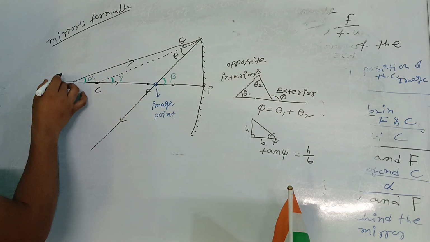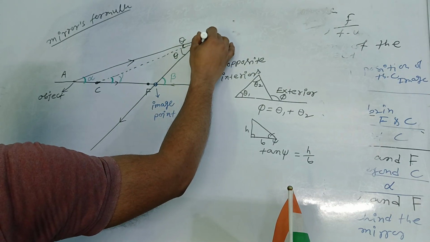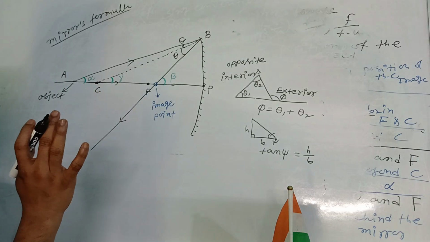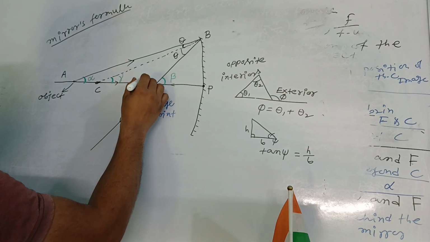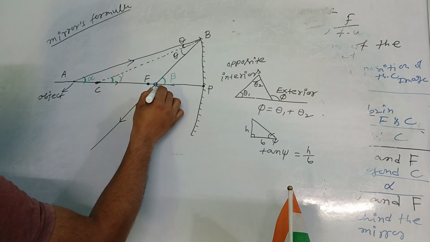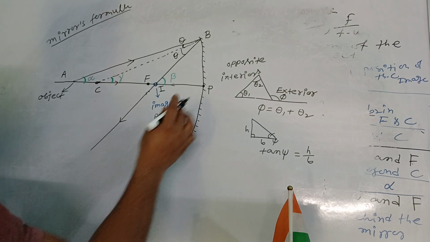This is the object, I am writing this as A. I am putting one point, say B. C is already given, and F point is also given. This I am writing as I, the image point. And this is P.